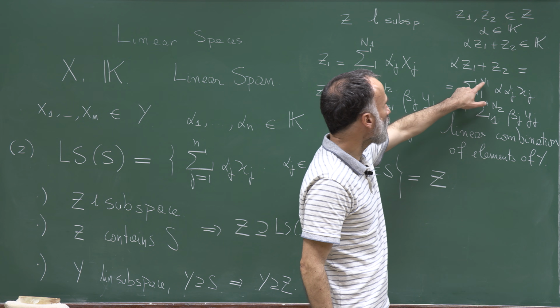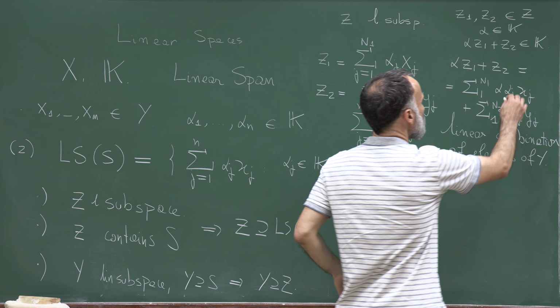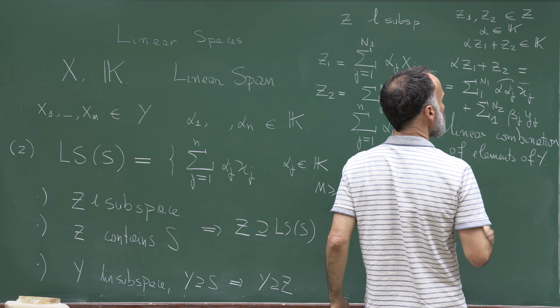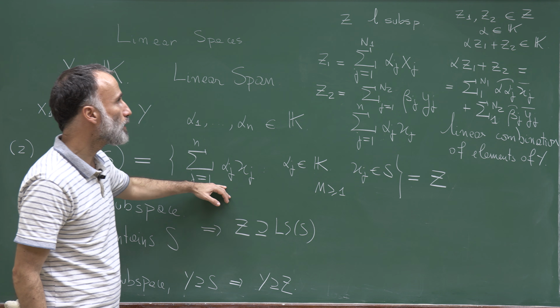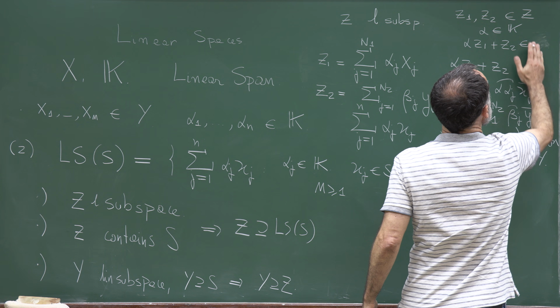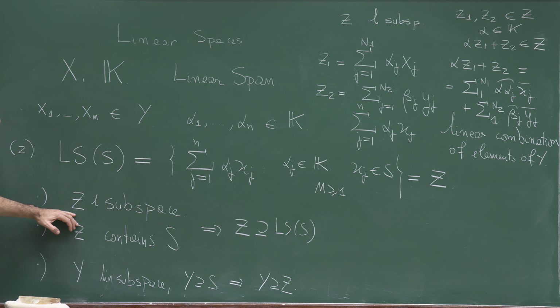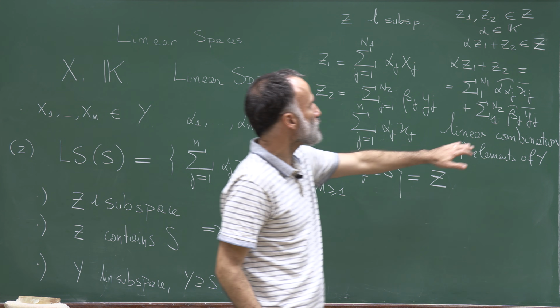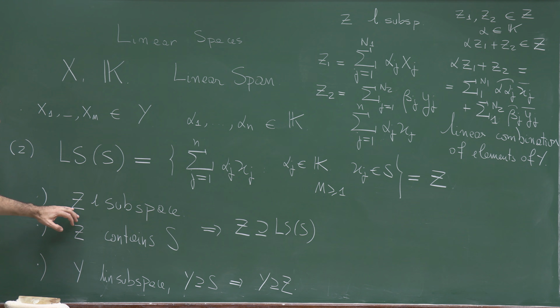Right now we are summing over N1 plus N2 elements. This is a scalar which is multiplying an element of S. This is a scalar which is multiplying an element of S. So it has indeed this form. So alpha Z1 plus Z2 belongs indeed to the set Z, which shows that Z is indeed a linear subspace. Okay, note that there was a mistake here. I wrote K when I meant Z. So this first argument shows that Z is a linear subspace.